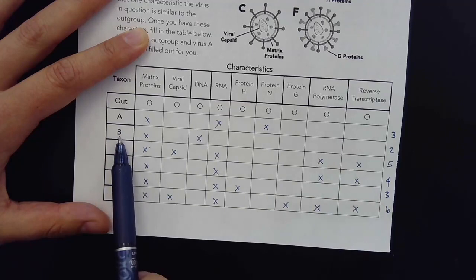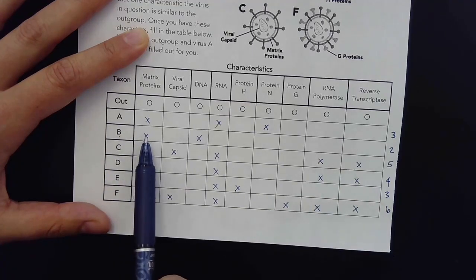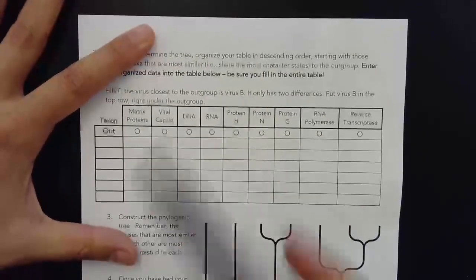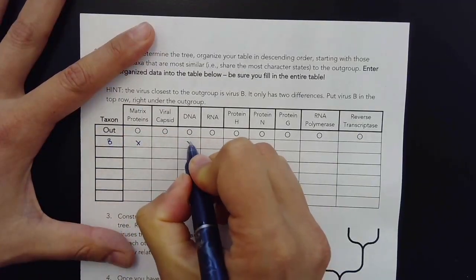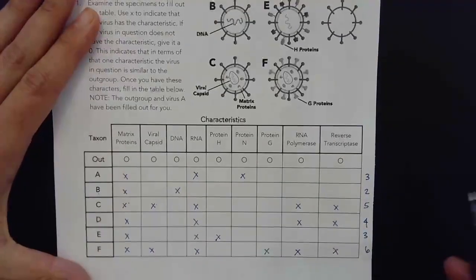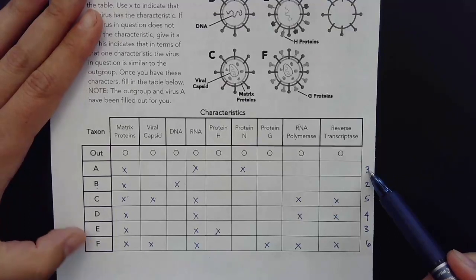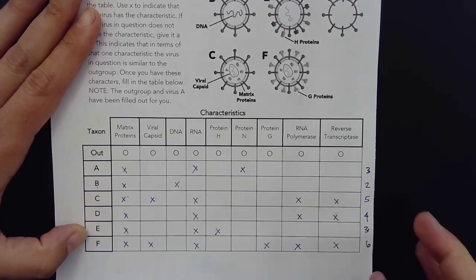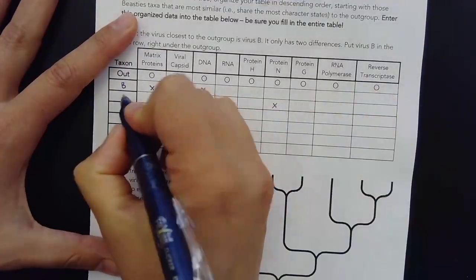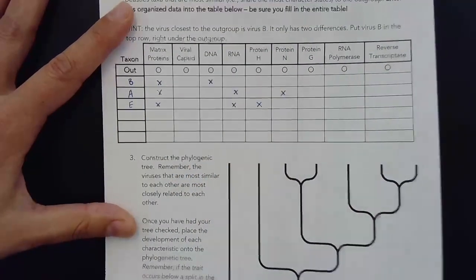So I know that B is going to come first, and it has matrix proteins and DNA. And then next, it's either going to be A or E. It doesn't really matter which one I put first, so I'm going to put A. And then I'm going to keep doing this.